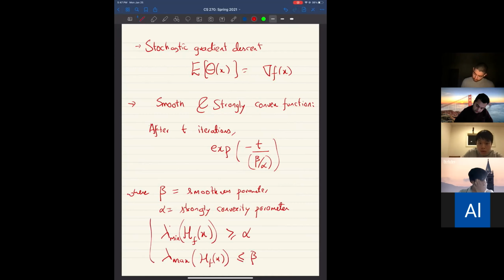If you know this fact, then you can get a better analysis of the algorithm. You get an exponential convergence to the optimum.